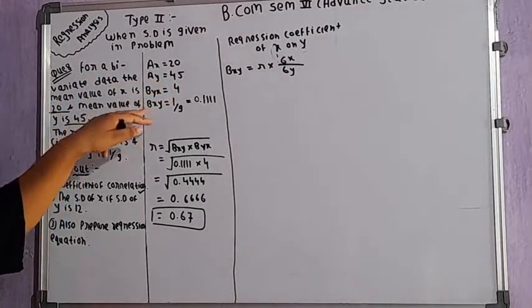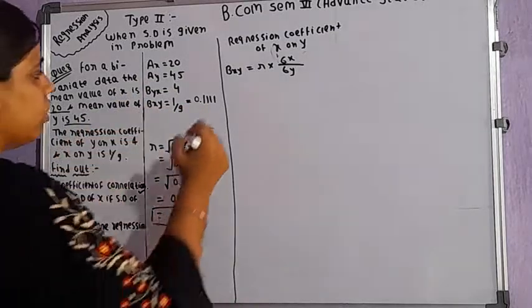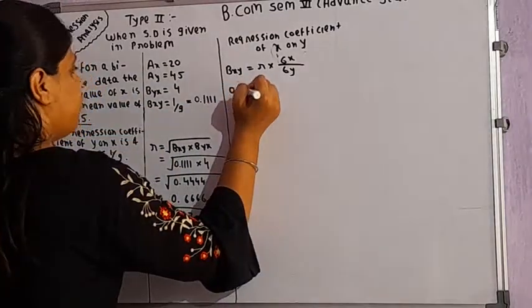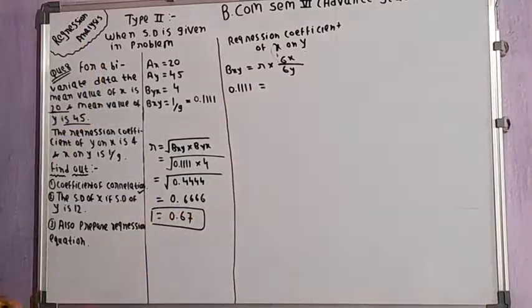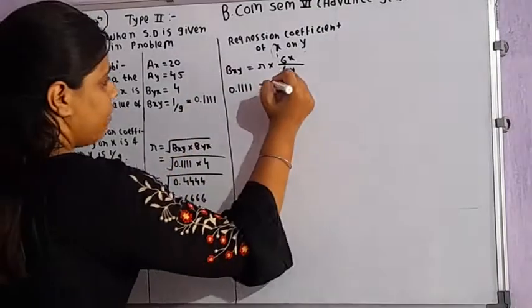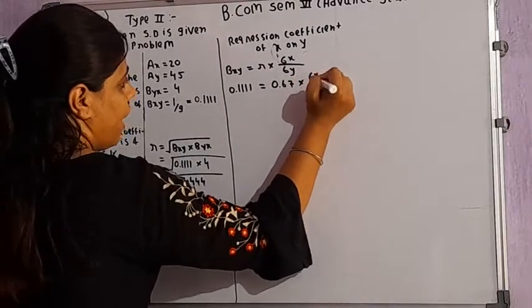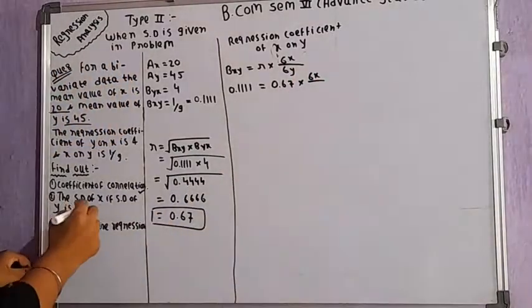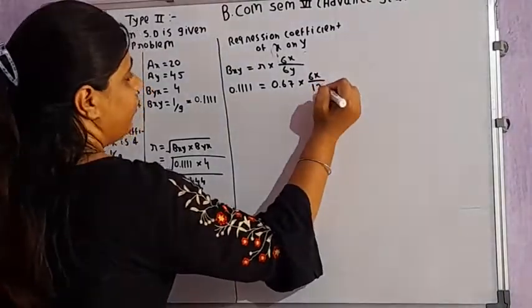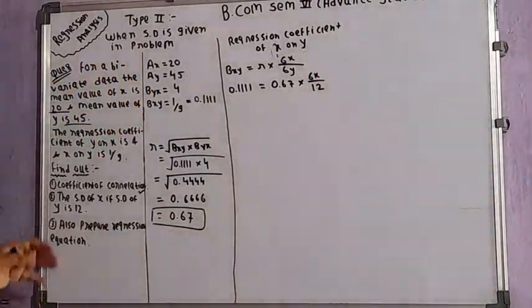Yes, it is 0.1111. Do we have the value of r? Yes, 0.67. What do we have to find out? The standard deviation of x. What do we have? The standard deviation of y, that is 12. So now, first of all, what are we going to do?